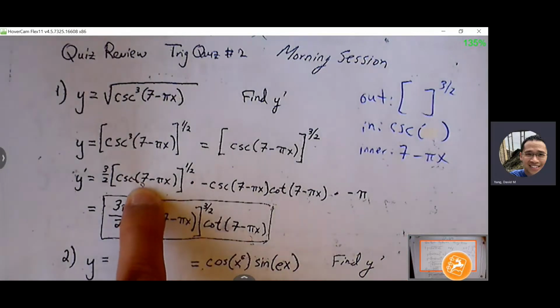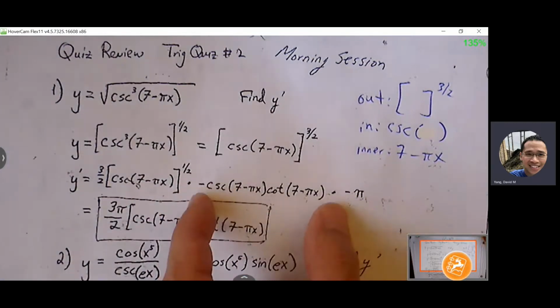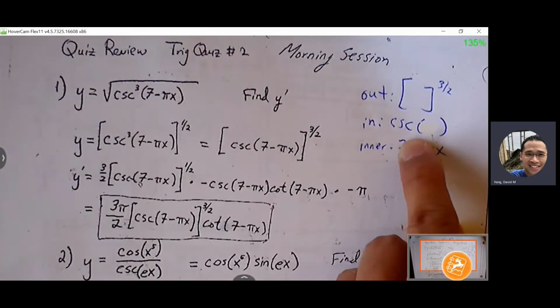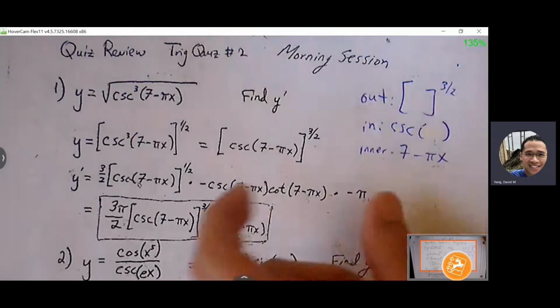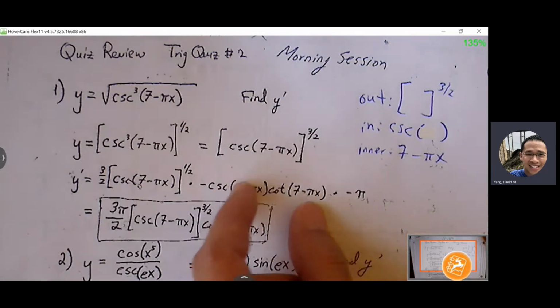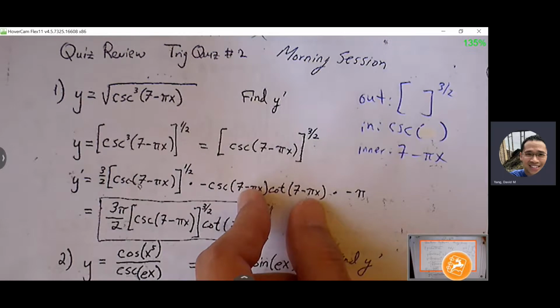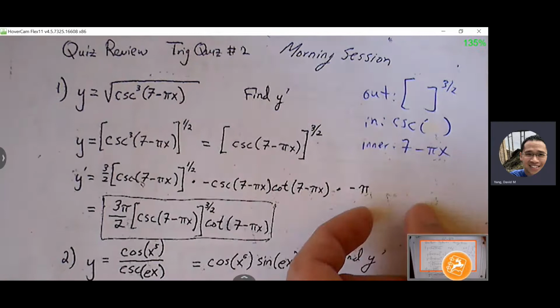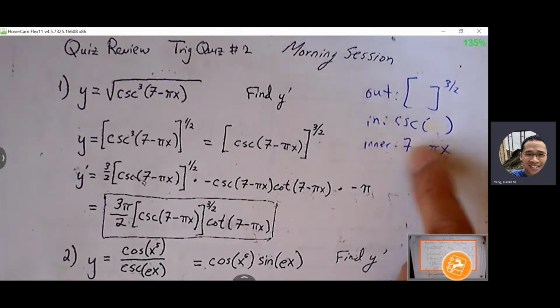Leave the inside function intact. In a separate space, we're going to take care of cosecant's derivative. Cosecant's derivative is negative cosecant u cotangent u, with the inside inner portion intact, unchanged.